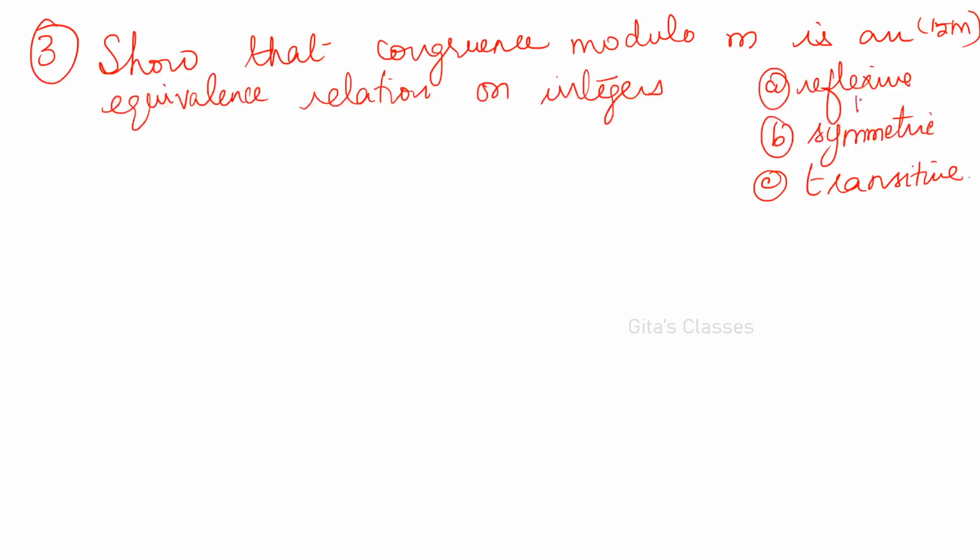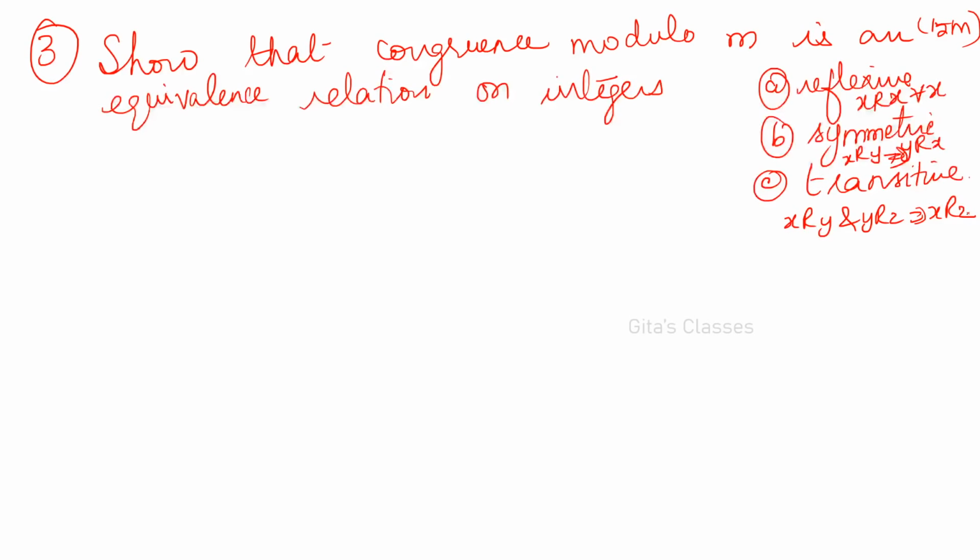Reflexive means for all x, x is related to x for all x in the set. And symmetric means x related to y implies y related to x. Here x is related to y and y is related to z implies x is related to z. This is transitive.